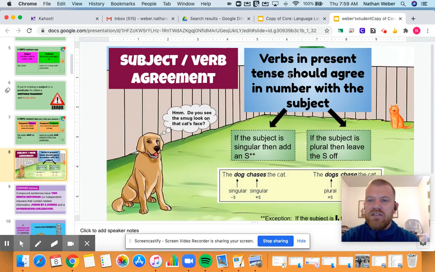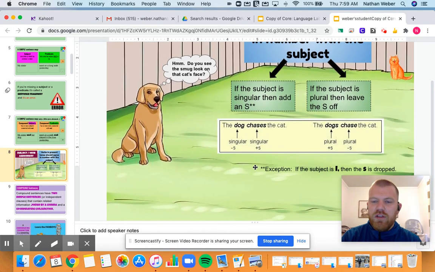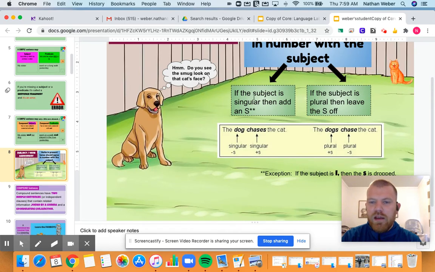Verbs in present tense should agree in number with the subject. So you're going to look at this example. If the subject is singular, then add an S. So the subject in this case, the dog, is singular. So you can't say the dog chased the cat. You have to say the dog chases the cat.